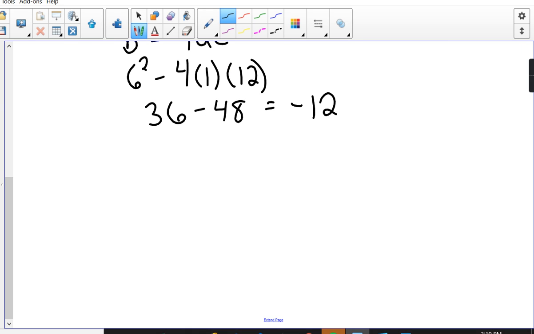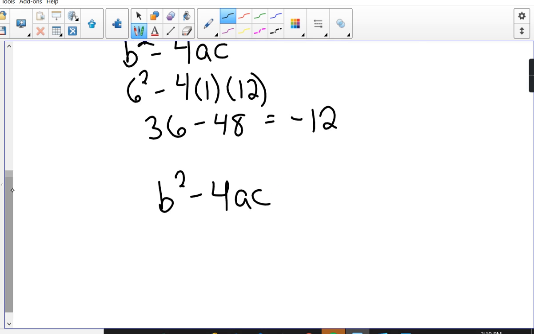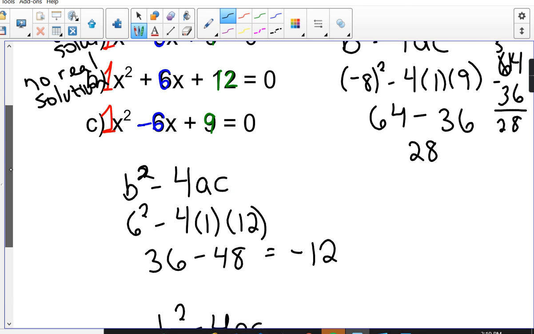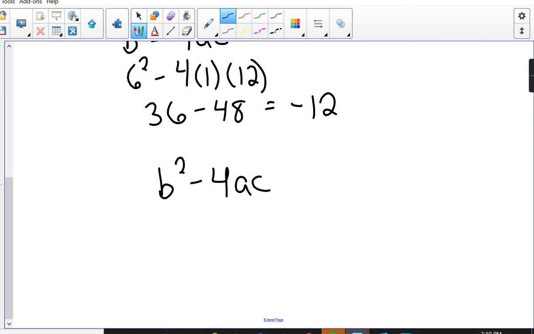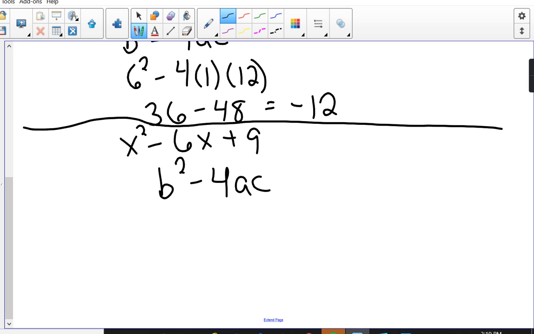So for choice C, b squared minus 4ac, let's see what that is. The equation is x squared minus 6x plus 9. I'm going to just bring it down here so that we could see what we're working with. So we're doing choice C, x squared minus 6x plus 9. A was 1, b was -6, and c was 9.